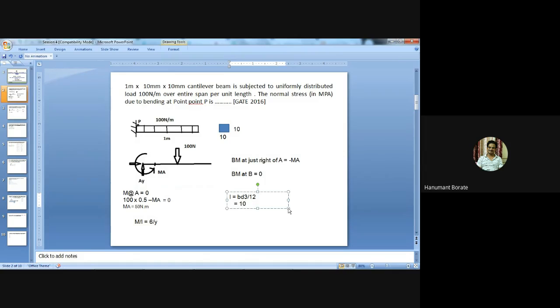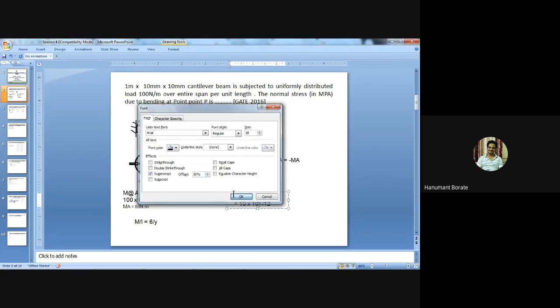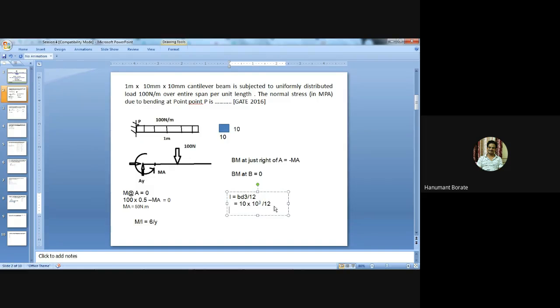B equals 10, so 10 into 10 cube divided by 12. 10 into 1000 divided by 12, so the value of I equals 833.33 mm raised to 4.